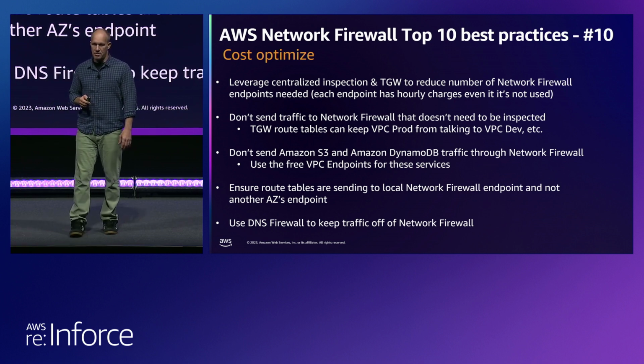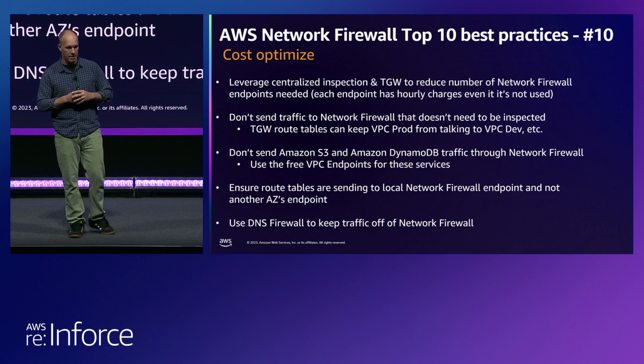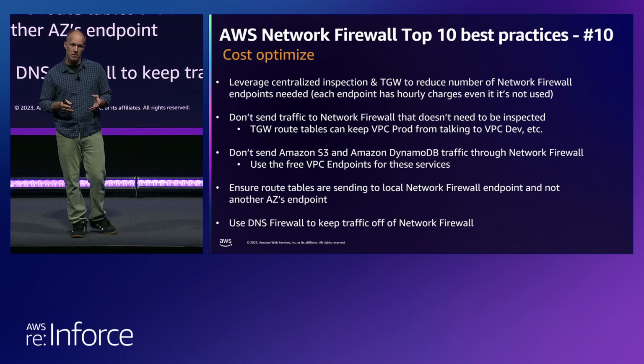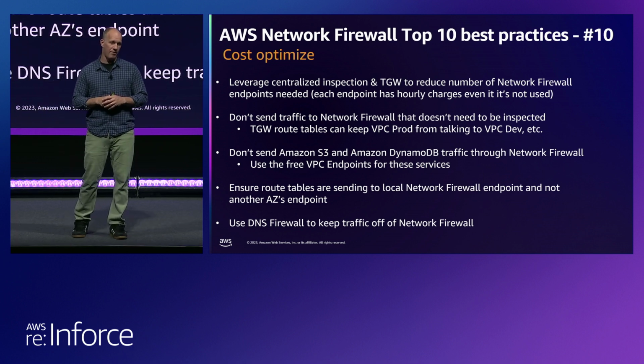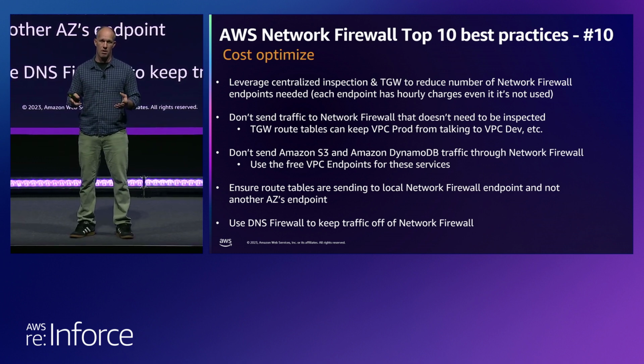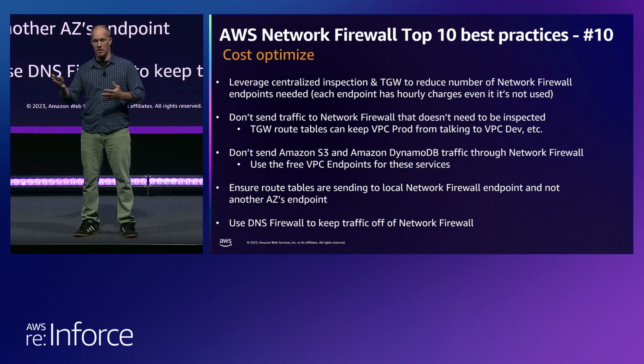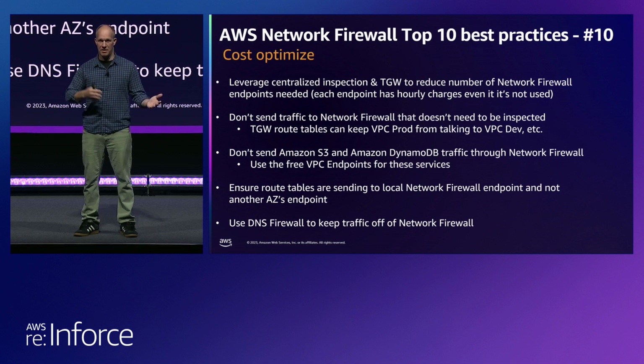The next one here is you can actually segment traffic using Transit Gateway route tables. So if you have environments that don't need to talk to each other at all, we first might think, well, send it to a firewall, and then have that firewall block VPC prod from accessing VPC dev, that sort of scenario. That's valid.